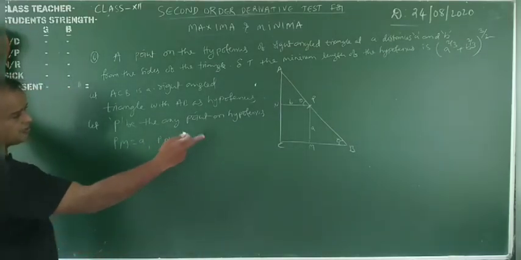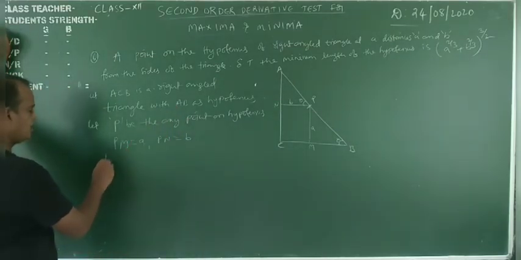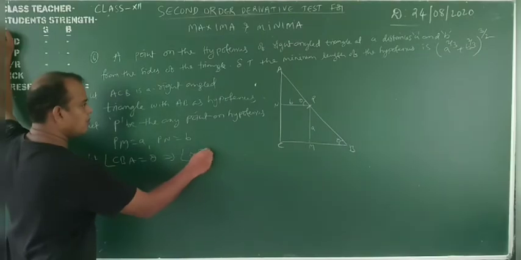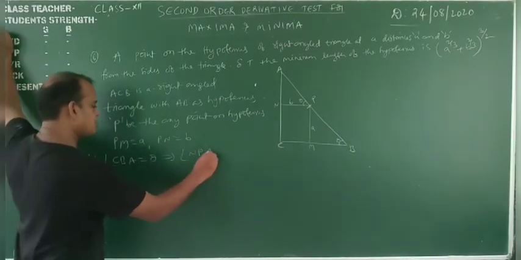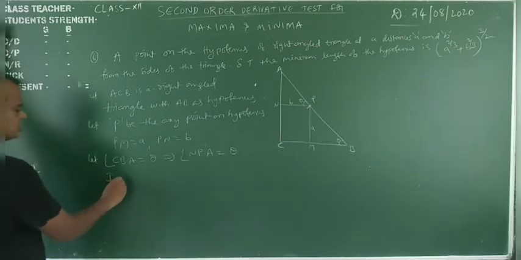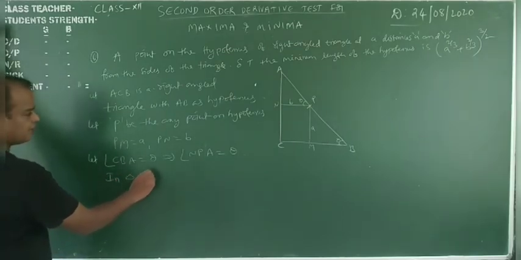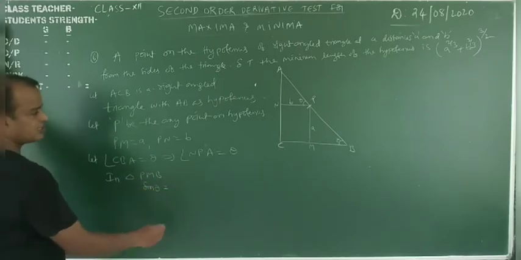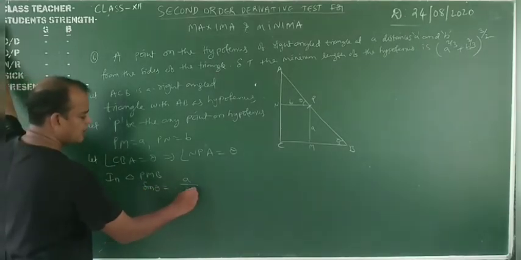Now let angle CBA be theta. That implies angle NPA is also theta. Now observe that in triangle PMB, sin theta is equal to a by PB.